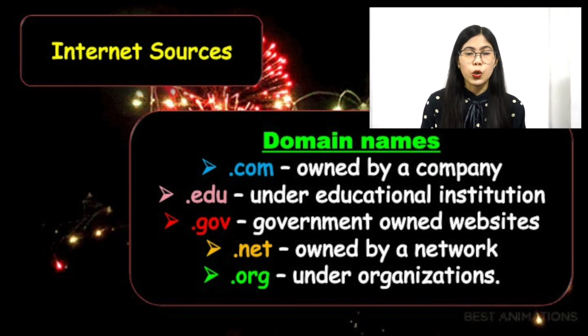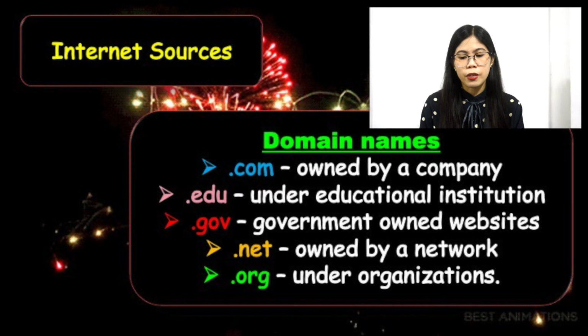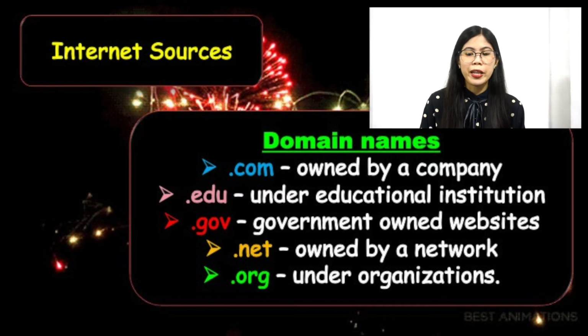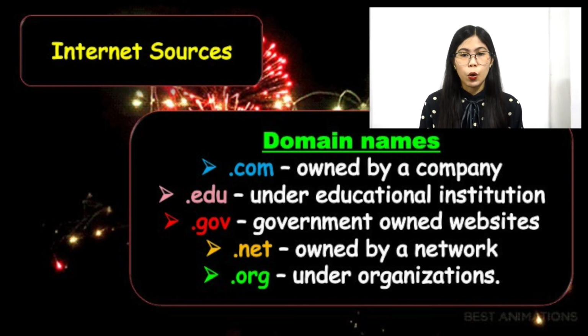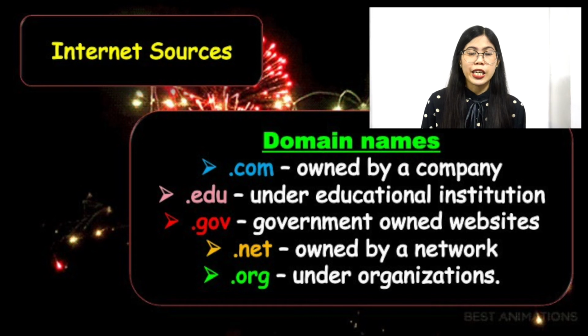Because the website is owned by a company, keep in mind that there is a business aspect to that website. .edu is more reliable because it means that the website is under an educational institution. Next, we have .gov. It is a government-owned website. .net is owned by a network, and the .org and other organizations are other indicators to whom a page belongs.